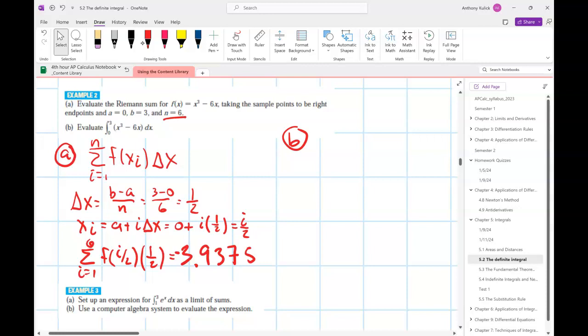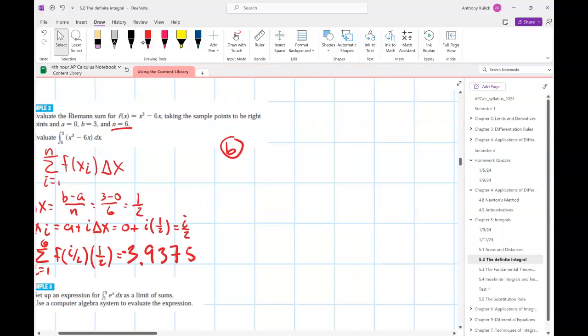Okay. All right. So part B now is we've got an approximation, right? Part B is we're going to find the actual exact value now. So the integral from 0 to 3, and I'm going to write it out.